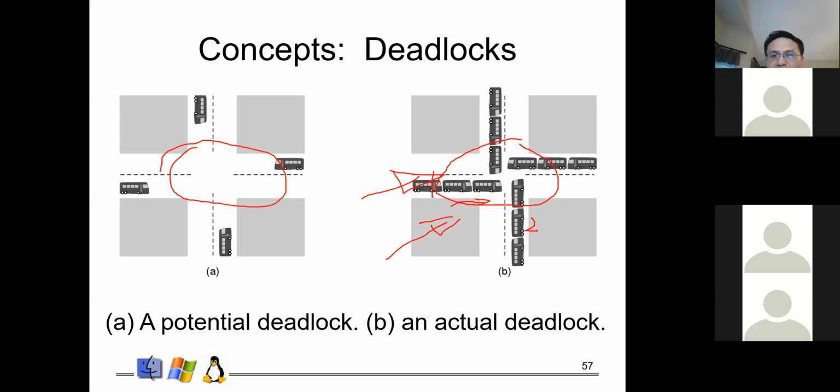In that situation, your system needs to detect that situation, then do something with it. That's what we call deadlock detection. The system needs to find instances of deadlock so that the system can recover from that state, okay?